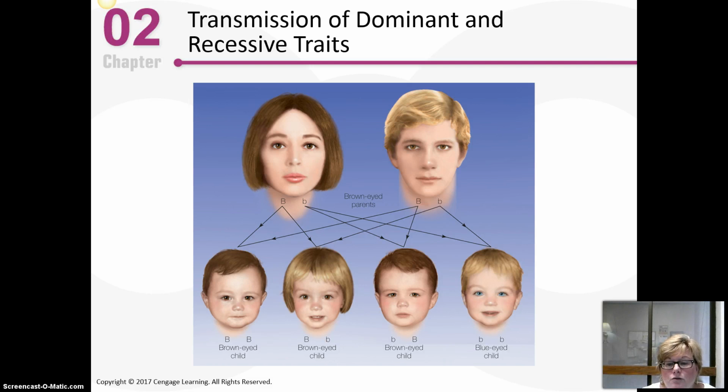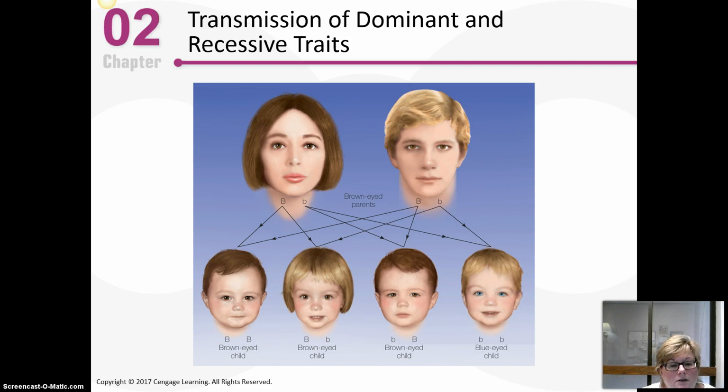So these are the 4 children that they have. You'll notice that she gave 2 children the brown gene and 2 children the blue gene. The dad gave 2 children the brown gene and 2 children the blue gene.